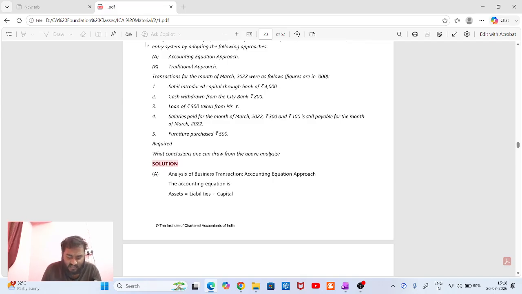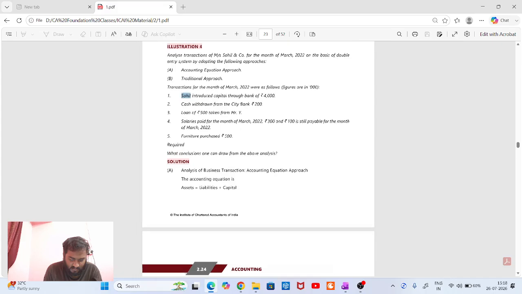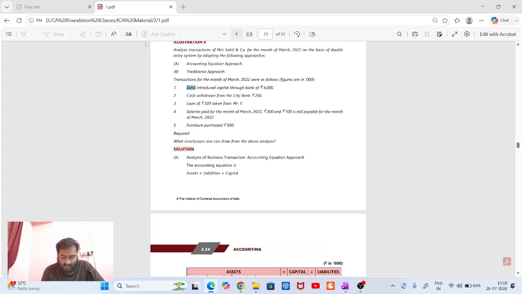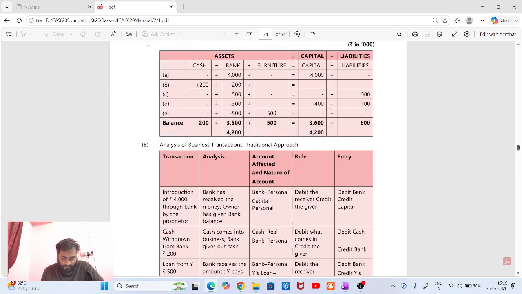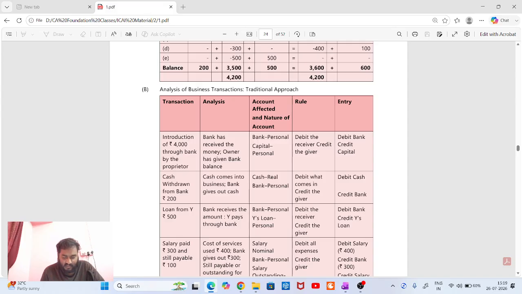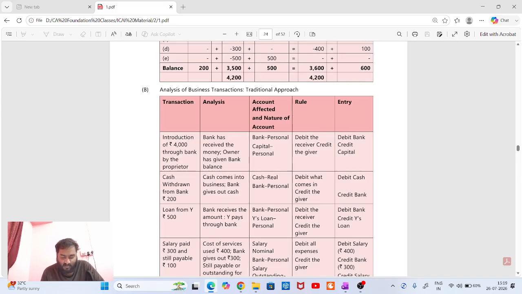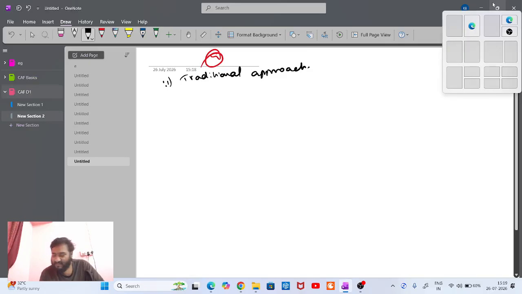Just write all this in the transaction. Introduction of 4,000 through bank by the proprietor. So in this, keep analysis aside, affected bank, which is a personal account. Let's write journal entries itself. Keep the question with you, okay? I'm copying from the book, which I have done 2 days ago.